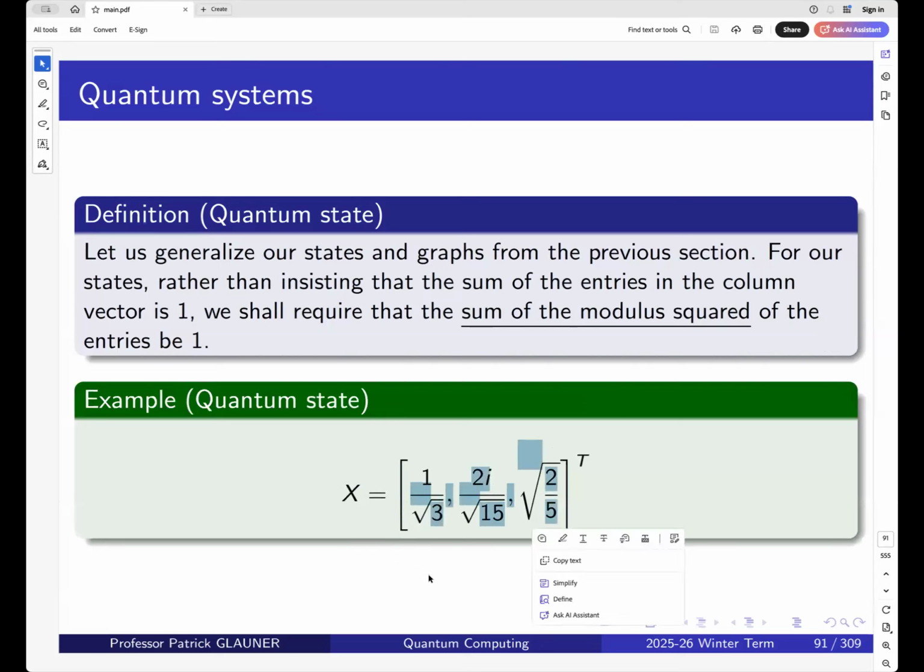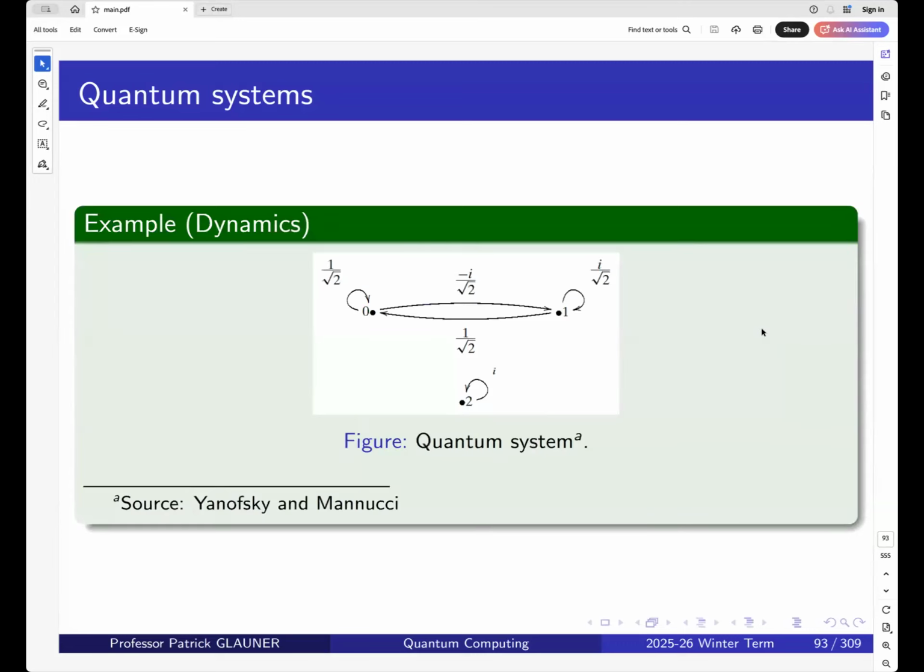And this time, our state vector deals with complex probabilities, and there's also a constraint for this, that the sum of the modulus squared of the entries must be 1. And we looked at that.